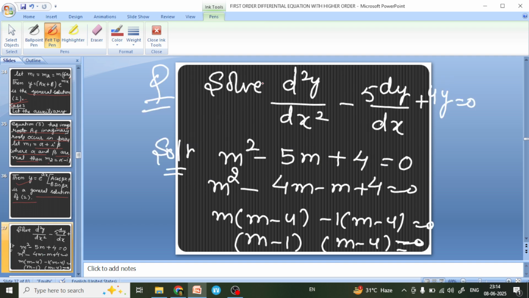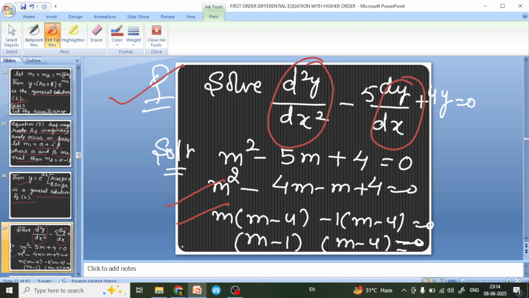After that we will discuss one question regarding this type. We have the equation d square y over dx square minus 5 dy over dx plus 4y is equal to 0, and its order is 2 and degree is 1. We will first write m square minus 5m plus 4.